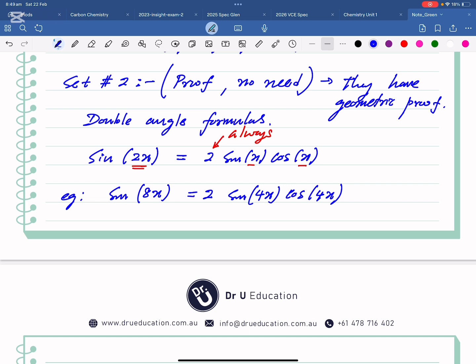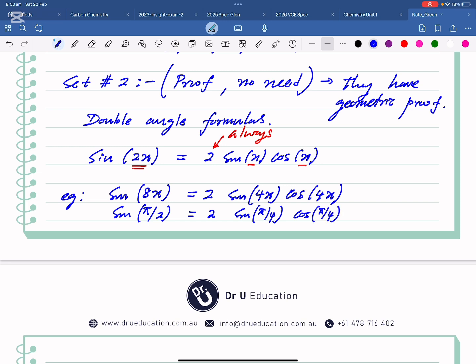Simple. So what is the use of this? Suppose you have sine pi divided by 2. If you want, you can write this in double angle. So it should be 2 sine pi divided by 4 cos pi divided by 4.